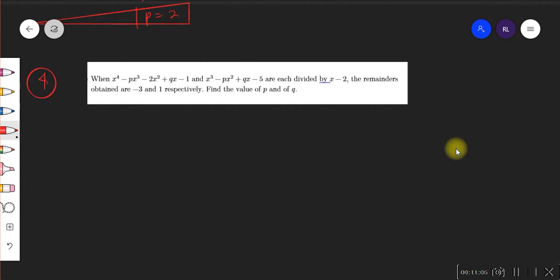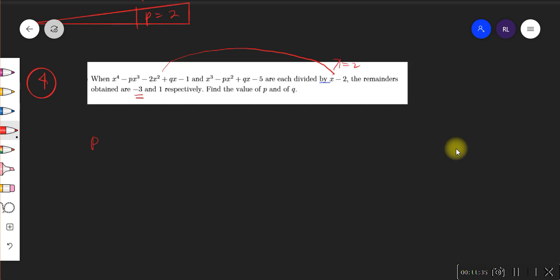But let's establish first the information. We know that if we're going to divide this by this one, the remainder is negative 3. So the same concept a while ago, this becomes x equals 2.